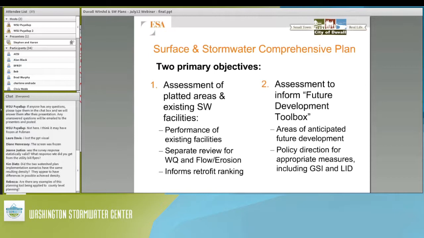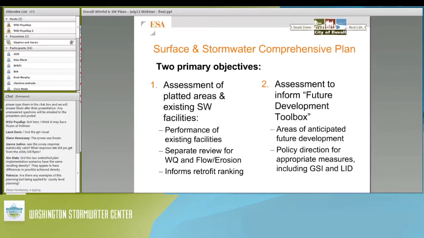There's a different scoring for water quality versus flow and erosion for each of those design bases. The intent is to inform a retrofit ranking that the city is using to prioritize capital improvements to existing facilities, and the highest ranked retrofit opportunities will be selected for pre-design efforts to get them closer to actual on-the-ground improvements.